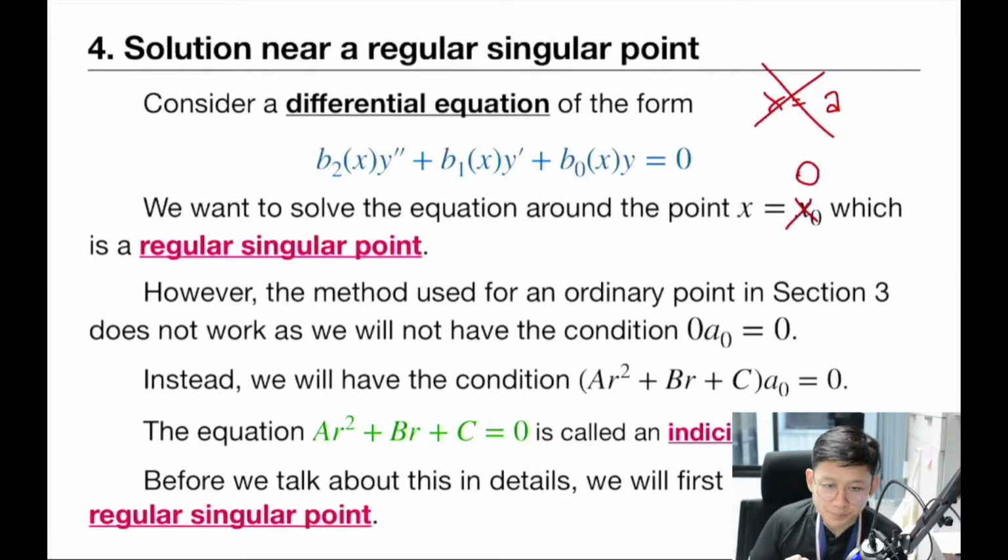However, the method used for an ordinary point in section 3, the previous section, won't work. Why?